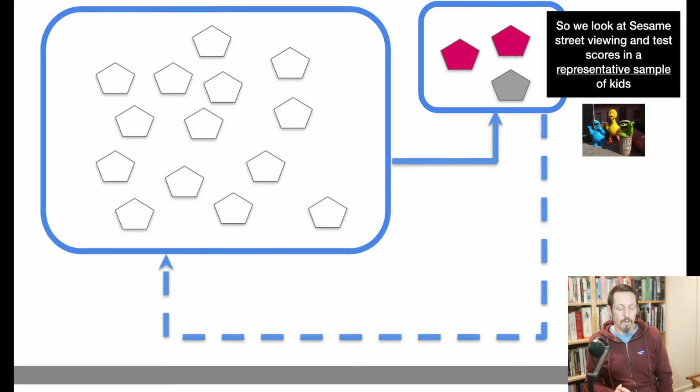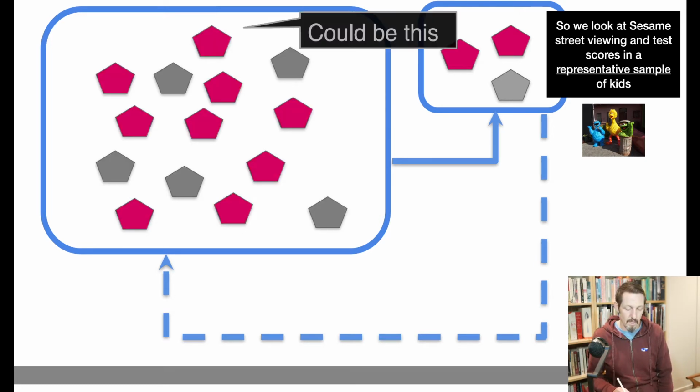So we're going to look at Sesame Street viewing and test scores in this representative sample of children. And maybe we're going to see that if, say, two-thirds of kids were watching Sesame Street, then we're going to assume that two-thirds of kids in the whole population of all children also watch Sesame Street.